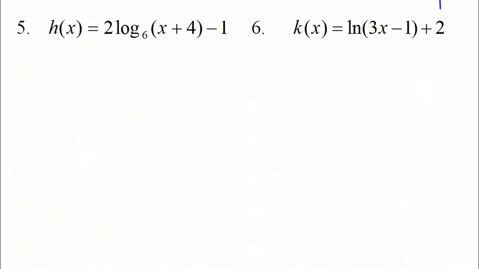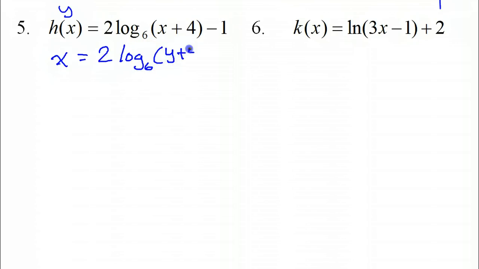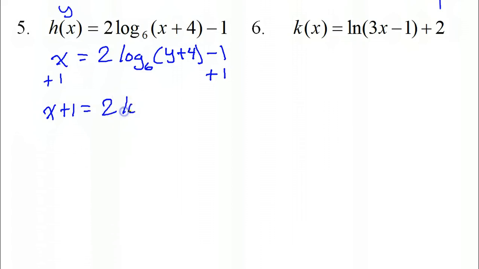Okay, so we have our y right here. So this will become x equals 2 log base 6 of y plus 4 minus 1. So first we need to get the log expression by itself. So we need to add 1 and divide by 2. Let's start with the adding 1 to both sides. So this will give me x plus 1 equals 2 times the log base 6 of y plus 4.